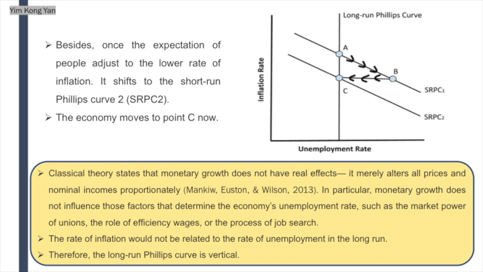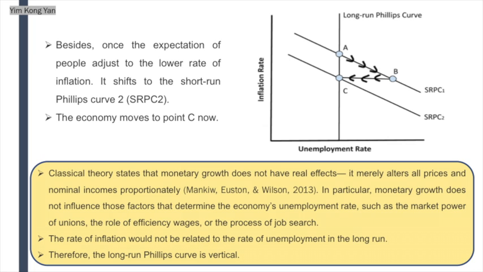Besides, once the expectations of people adjust to the lower rate of inflation, it shifts to short-run Phillips curve 2. The economy moves to point C now. About the long-run Phillips curve, classical theory states that monetary growth does not have real effects.